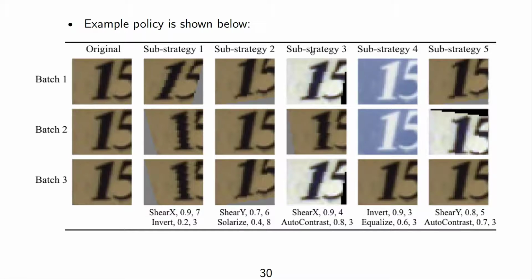The next we're going to skip. Let's look at this. We have again shear selected with 0.9, parameter 4, and auto contrast with 0.8. So looking at the last one and the first one, this is when auto contrast was applied, and it seems that shear was also applied to all 3 of these images.